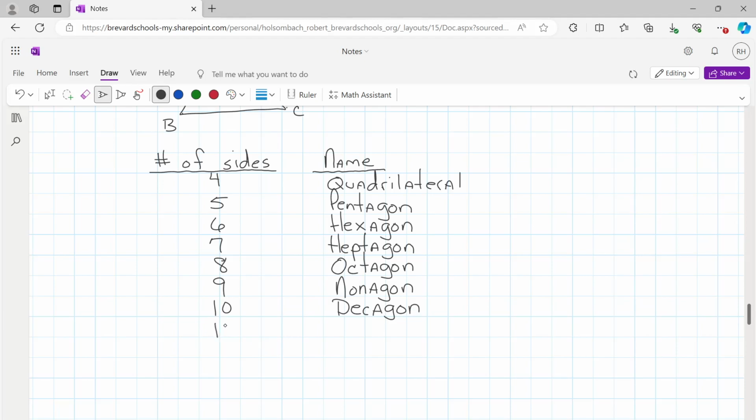Eleven sides, hendecagon. And 12 sides, dodecagon.